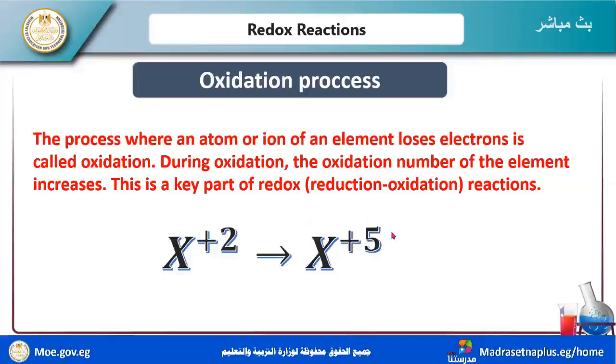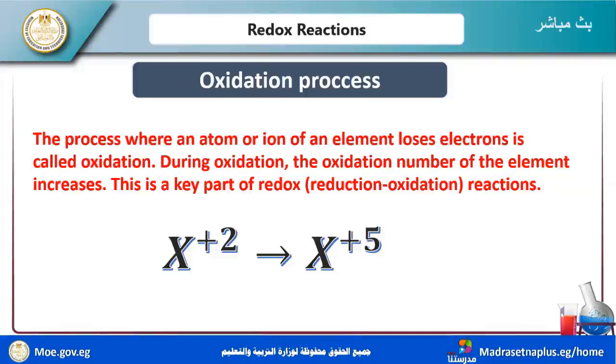We have another way. You must subtract. Okay, focus on this. You subtract positive 2 from positive 5. This is the change. If the result is positive, you call it oxidized.